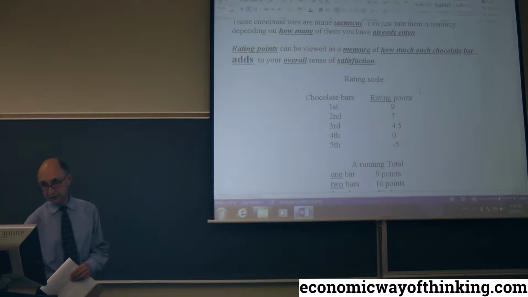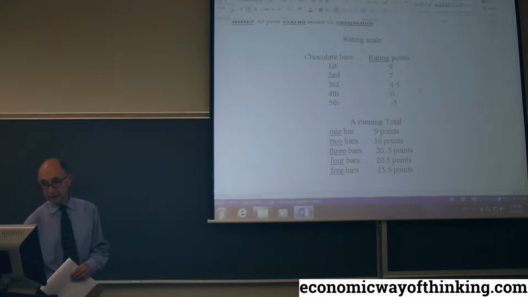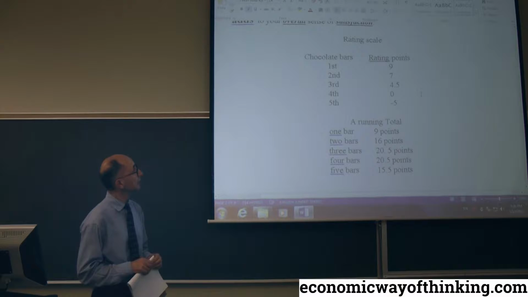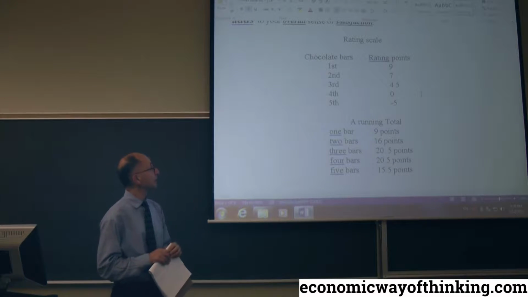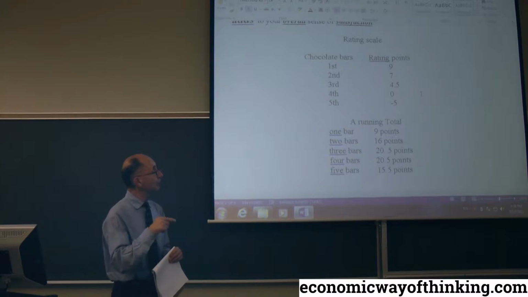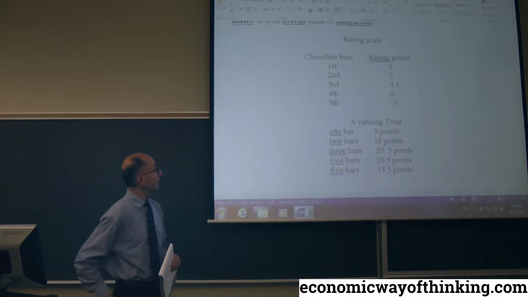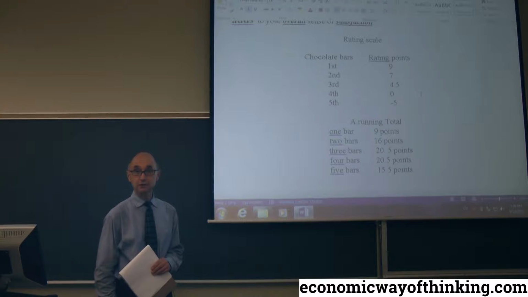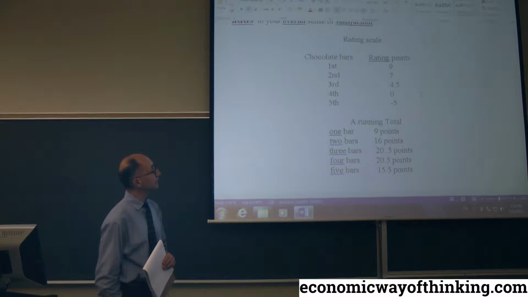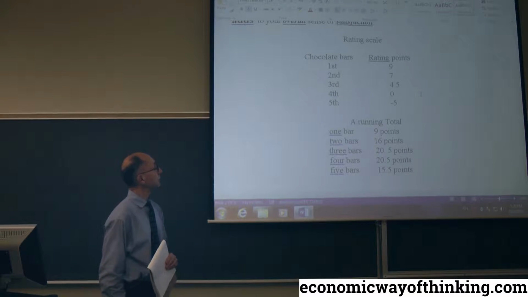So let's add another diagram to our first one, which shows the overall level of satisfaction, or total utility, you get from different bars. Say, from the 2 bars, you get total 16 points. So you add up 9 and 7, and you get 16.